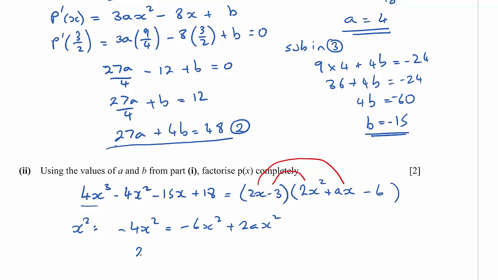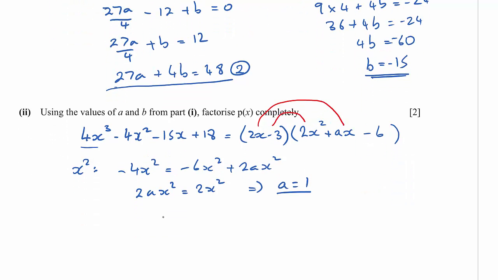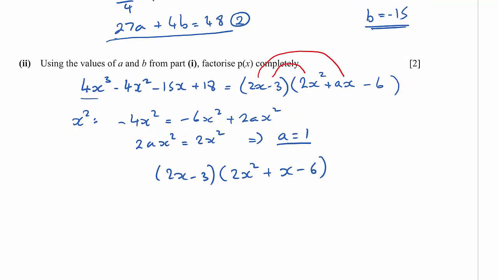So 2ax squared is going to be equal to 2x squared, and that means that a is equal to 1. And so what we have is 2x minus 3, 2x squared plus x, take away 6, and then we'll see if we can factorise that at all.